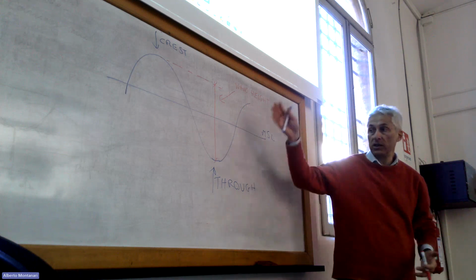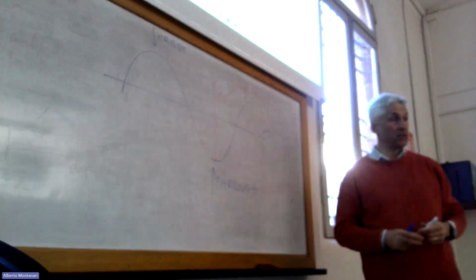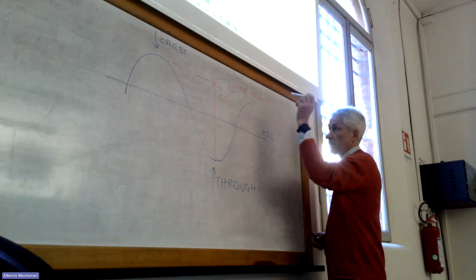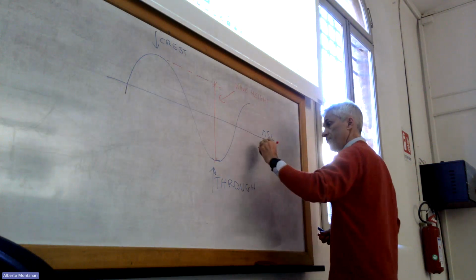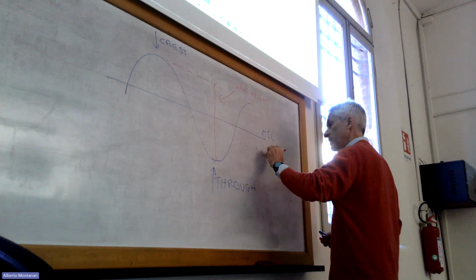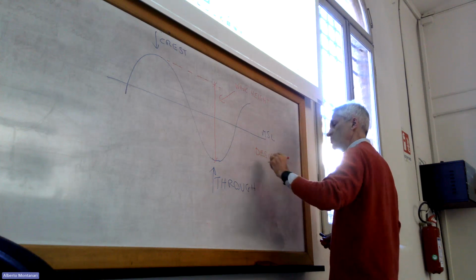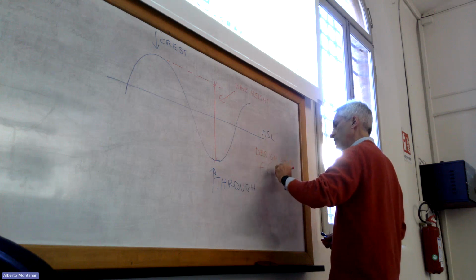Okay, so basically you are given observations, and on the basis of these observations, you have to estimate your design wave. Okay, design wave, and we already said that the design wave is usually a function of the return period.